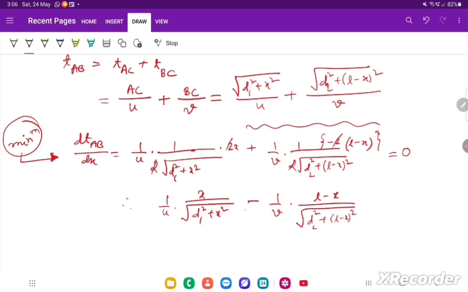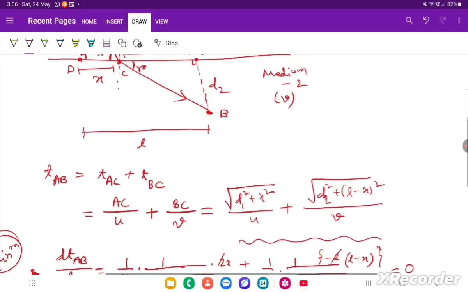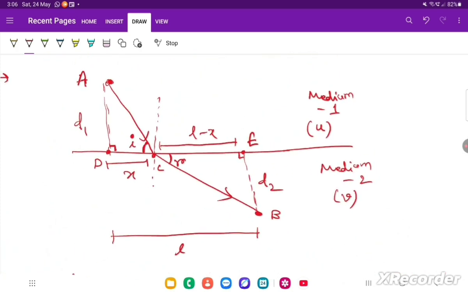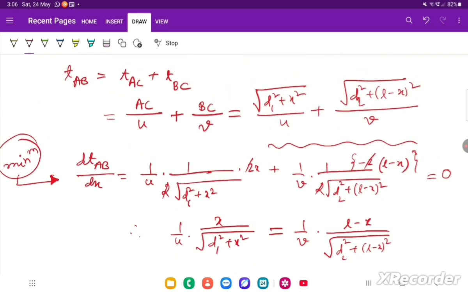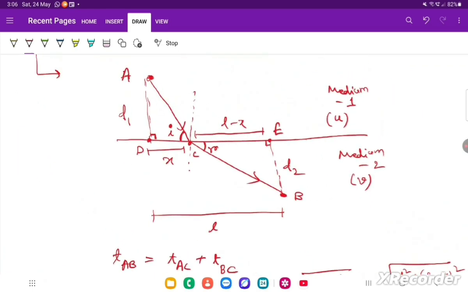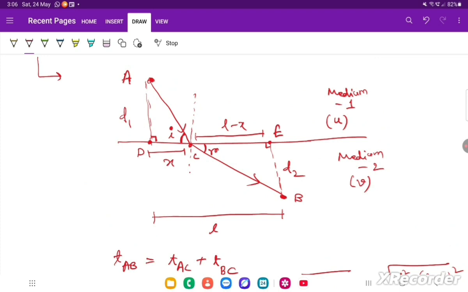Or otherwise take this whole term to the right side and equate them. Okay, and now come back to the figure.